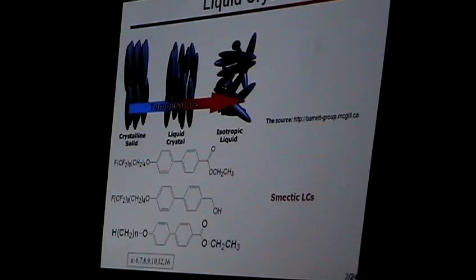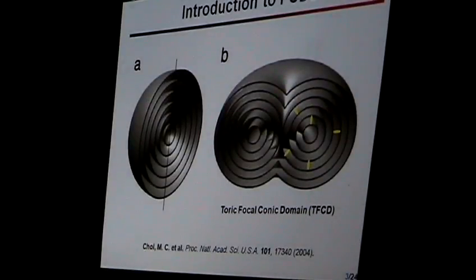And as you know, there are many kinds of defects in the liquid crystal world. The representative defect is the focal conic domain, the onion type, and the other one is the toric focal conic domain, called TFCD, and I concentrated on this TFCD.